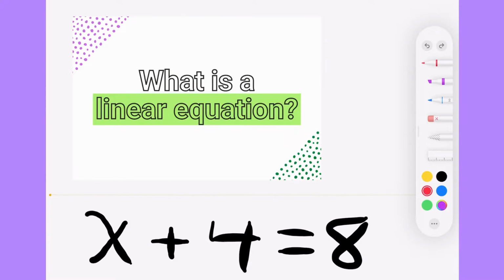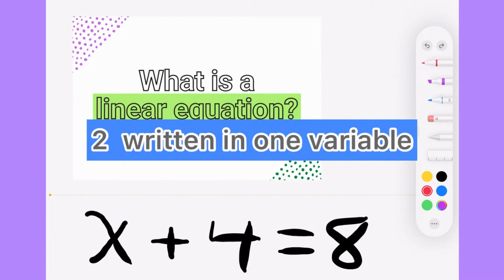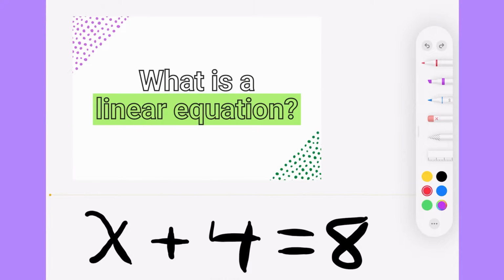So the first thing you have to know about the linear equation is that it's an equation of a straight line, which means when we plot it on the coordinate plane, it appears just like a straight line, just like this. Number 2, the linear equation is written in one variable, or in other words, there is just one letter in each linear equation, so it's either x, y, or anything else.